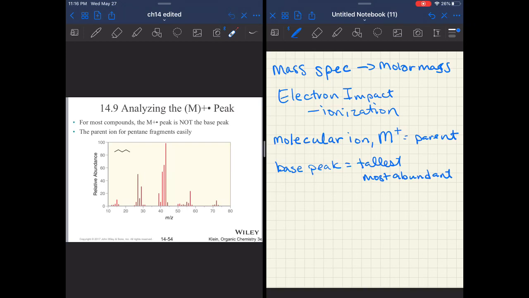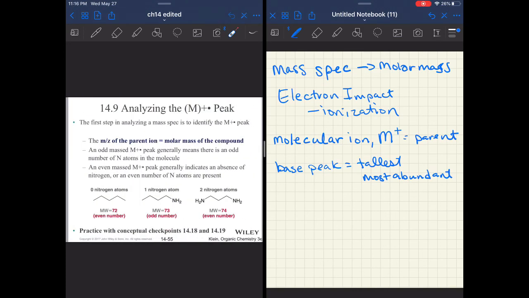So the mass of pentane is not 43, but that is going to be the most abundant fragment that was there, right? So the parent is what tells you the molar mass right here. You can get some information from the mass spec beyond just the molar mass. And there are 4 different things I want you to keep track of.